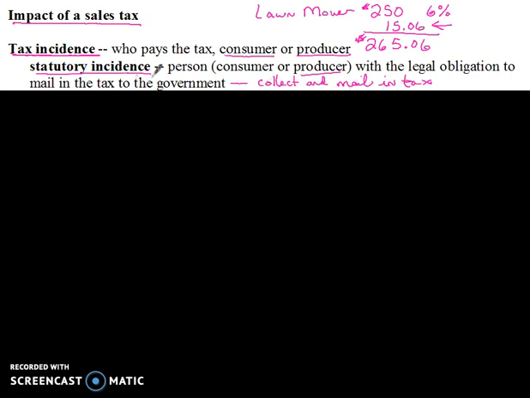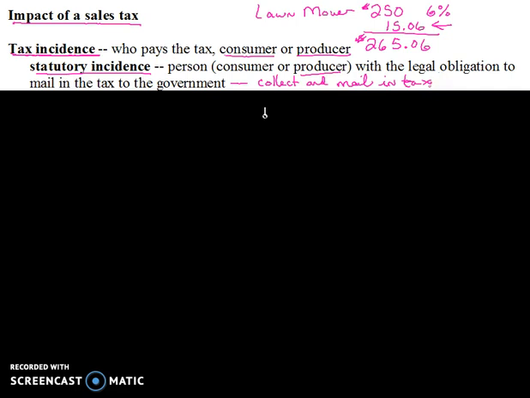That's called the statutory incidence. At least where I am in Pennsylvania, it is Walmart, the producer, the seller of the product, that has the legal obligation to make sure the 6% sales tax is collected and mailed in to the state of Pennsylvania.